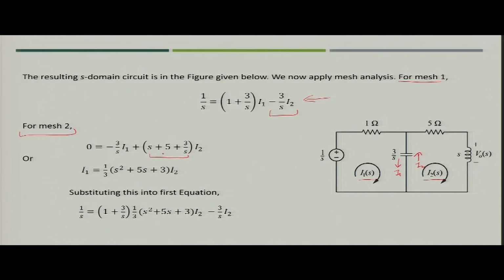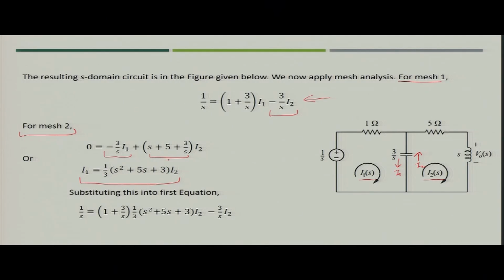So, for I2 you will get S plus 5 plus 3 by S, and then since I1 is in opposite direction of I2 for capacitor, you will get another term for capacitor, that is minus 3 by S into I1. So, now when you simplify this, you will get the value of I1 as 1 by 3 into (S square plus 5 S plus 3) into I2.